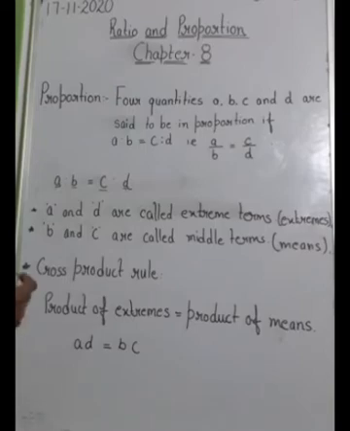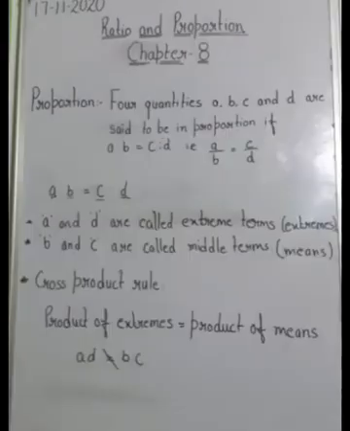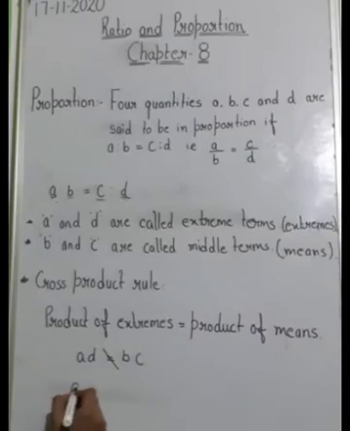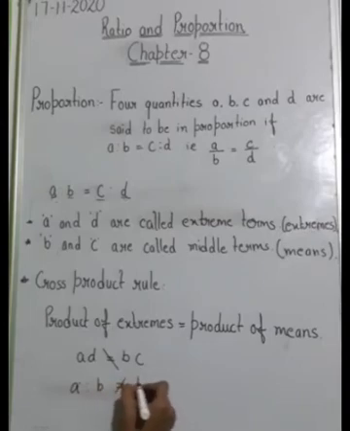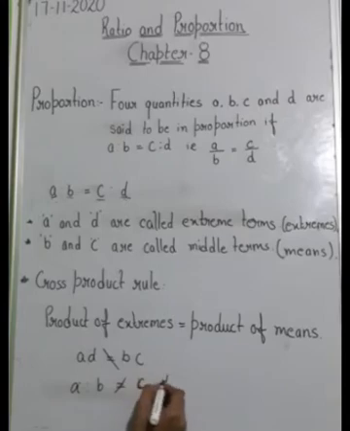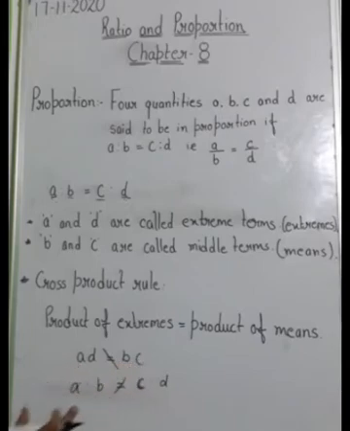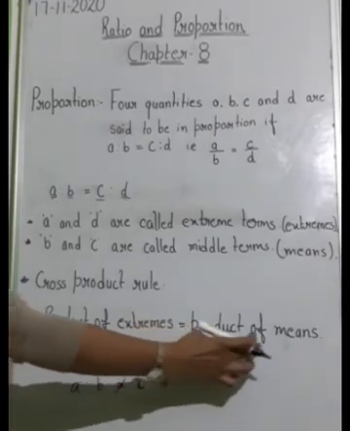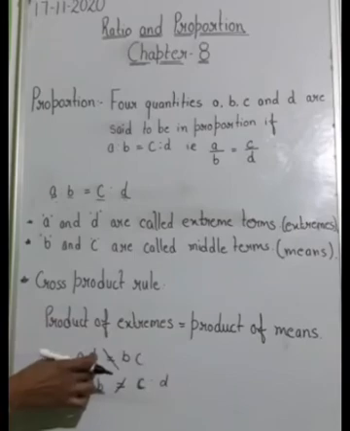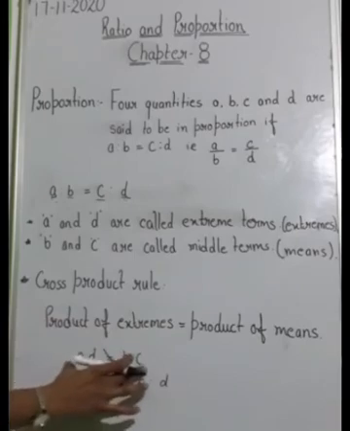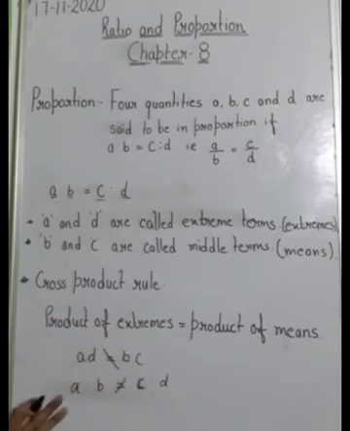And suppose if they are not coming equal, it shows that A ratio B is not equal to C ratio D. If the product of the extremes and the product of the means are coming equal, it means they are in proportion, and if they are not coming equal, it means they are not in proportion.